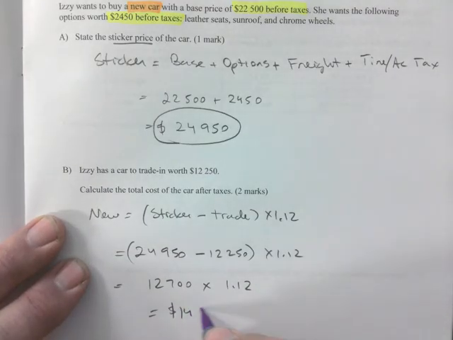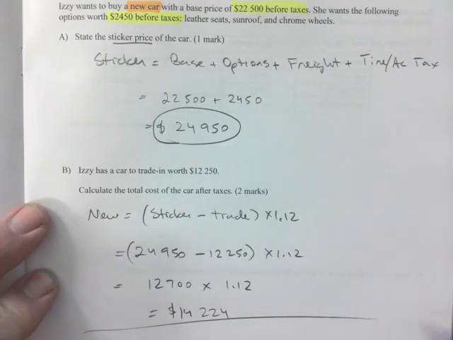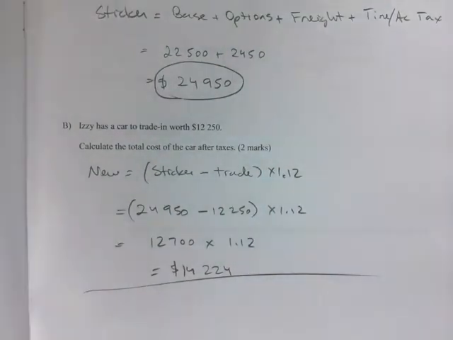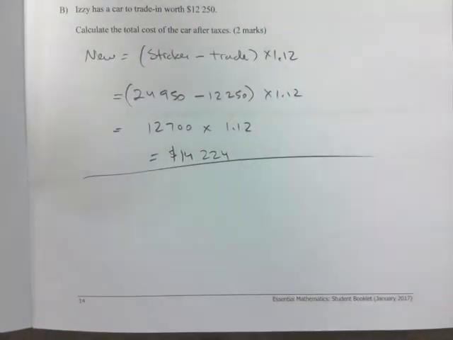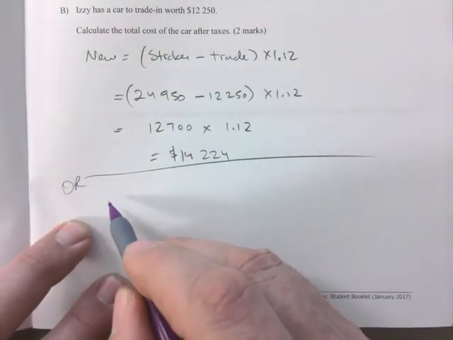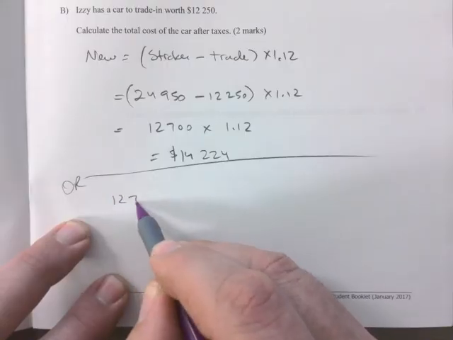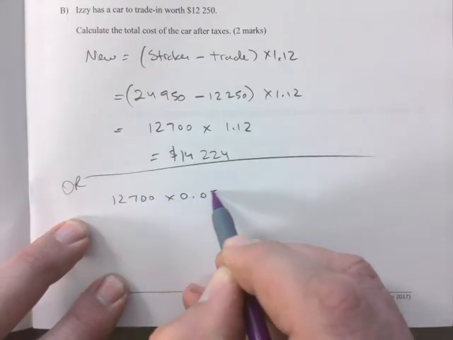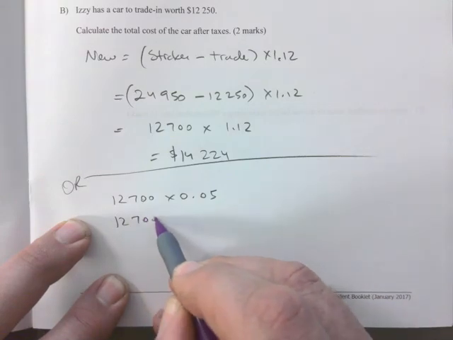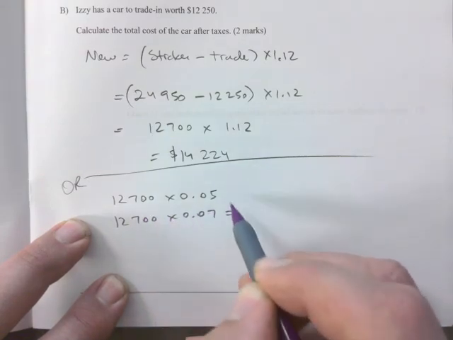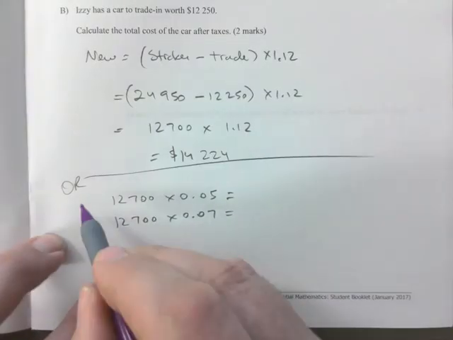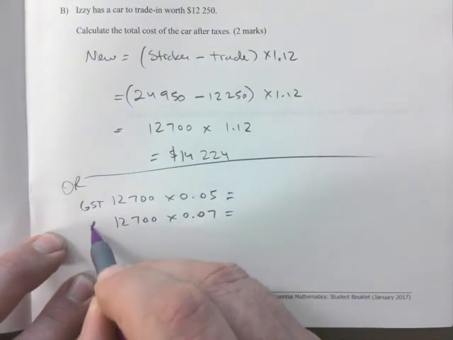You need to know the long method just in case they throw a table at you. Or 12,700 times 0.05, 12,700 times 0.07. So you find the GST and the PST.